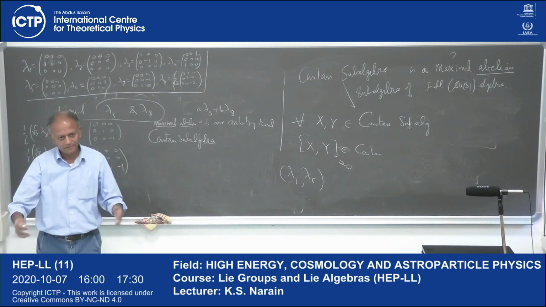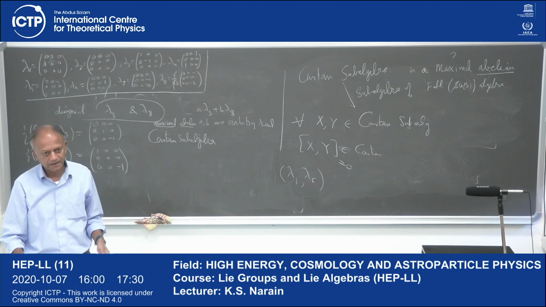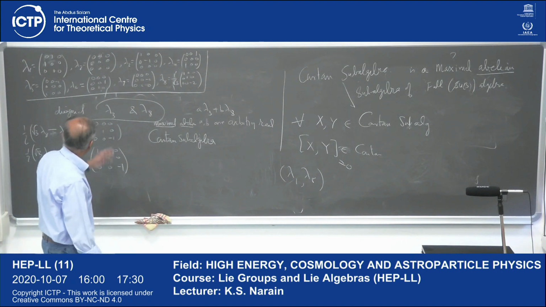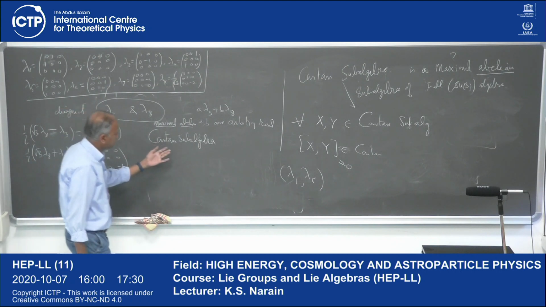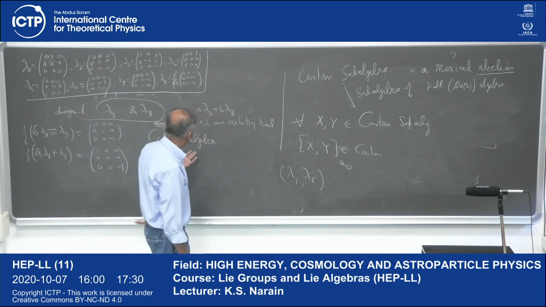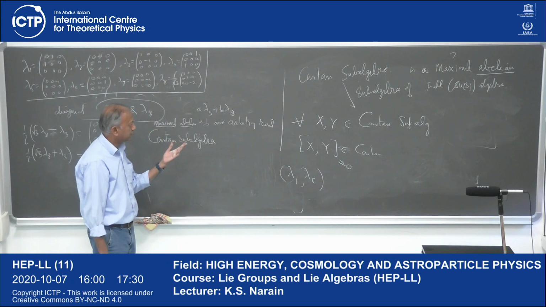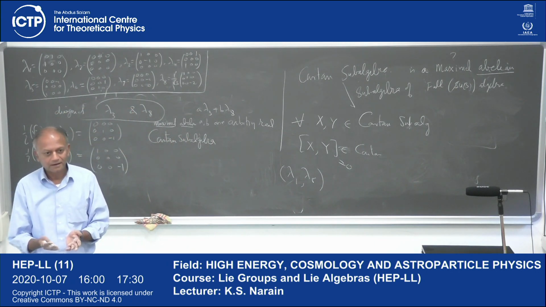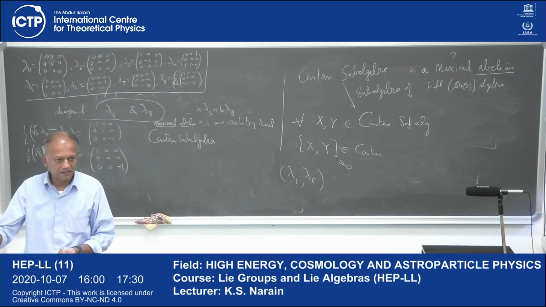You could have chosen some other elements, then it would be different. But this is convenient. Why? Because in SU2, what did we do? The Cartan subalgebra was just generated by sigma 3. I could have chosen sigma 1 or sigma 2, it doesn't matter.